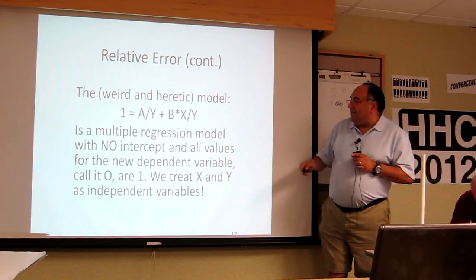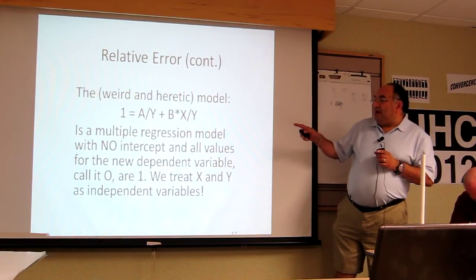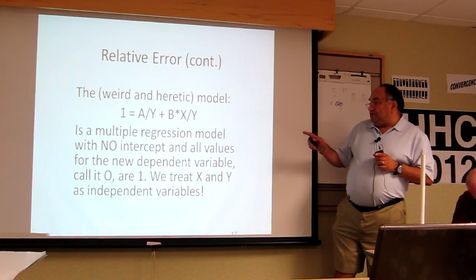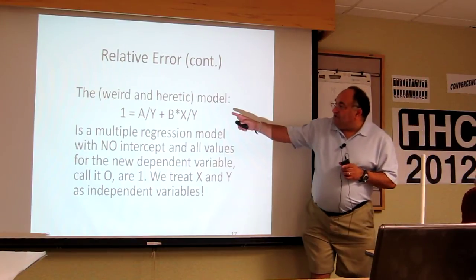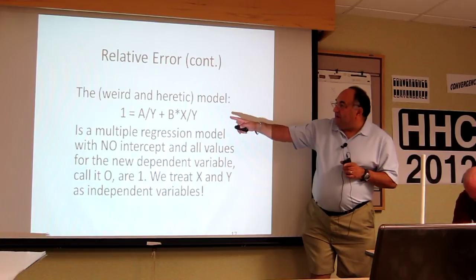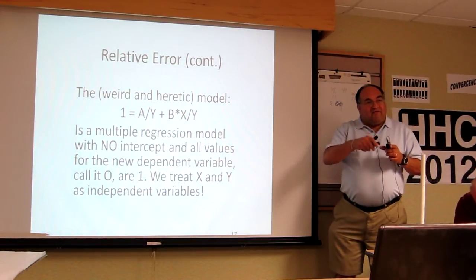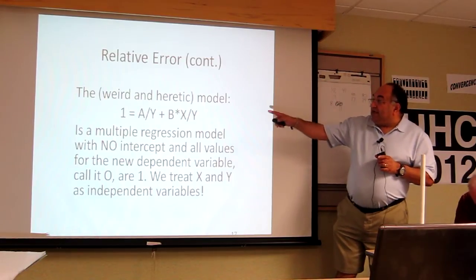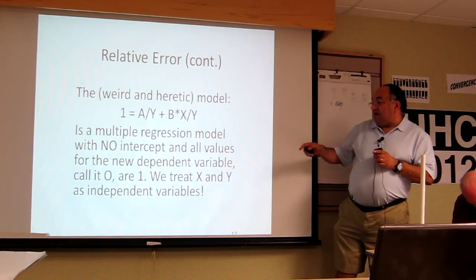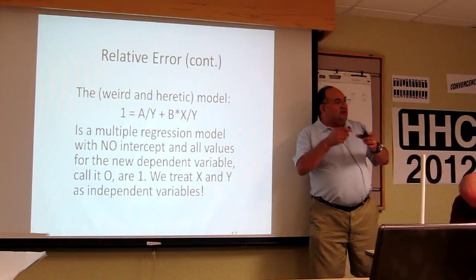We'll look at it again. Now, this model is a multiple regression model with no intercept. And there's a new pseudo dependent variable, I'm going to call it O. Every value for O is 1. And here, x and y, we're going to regard them as independent variables. So we're kind of turning the tables around.